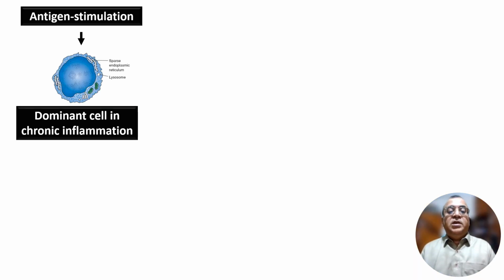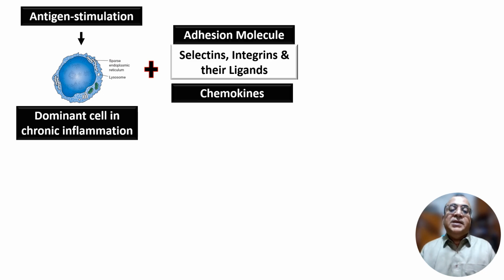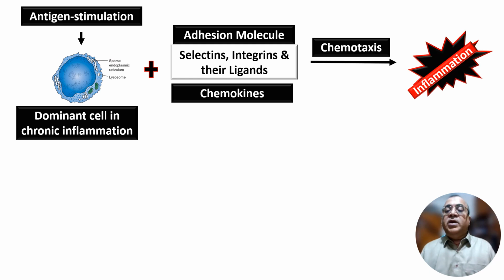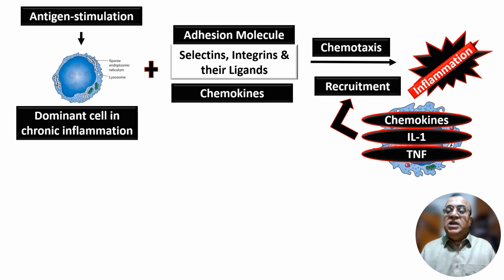The lymphocytes are the dominant cells in chronic inflammation. The antigen stimulated cells, the effector and memory B and T cells, interact with various adhesion molecules and their ligands, adhesion molecules such as selectin, integrin, and also with various chemokines, and they move toward the site of inflammation by the mechanism of chemotaxis.